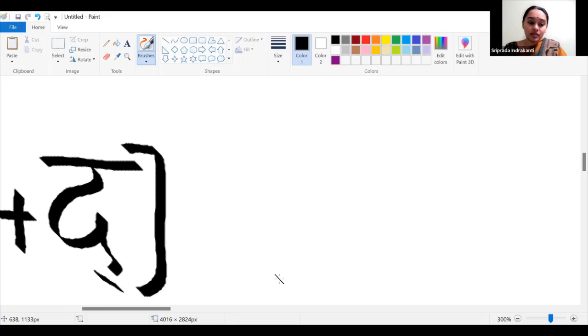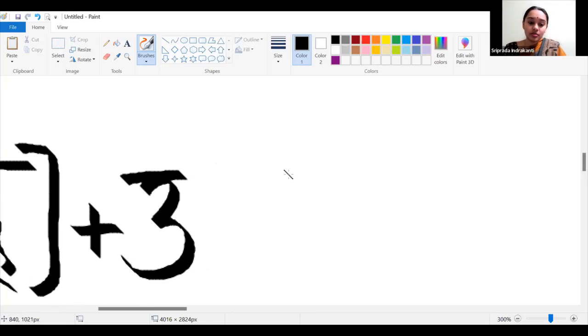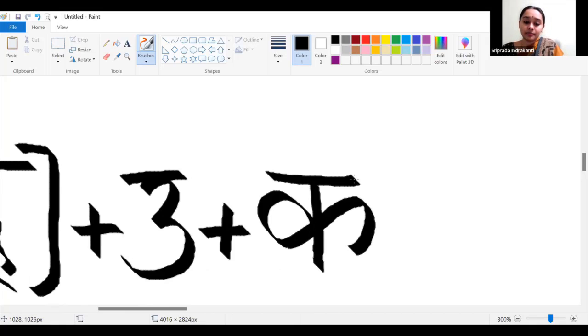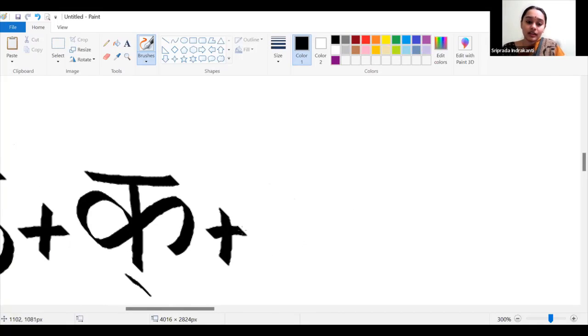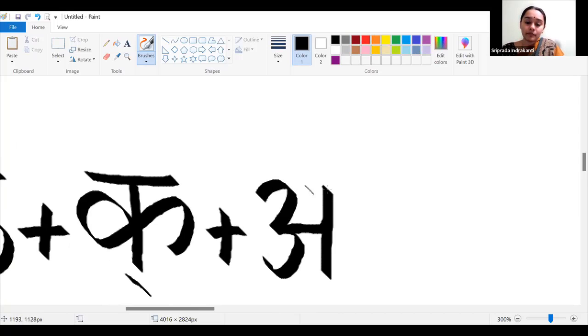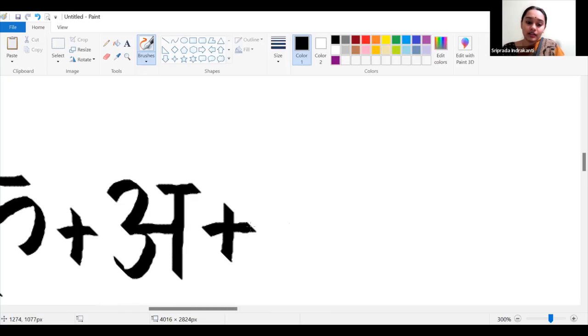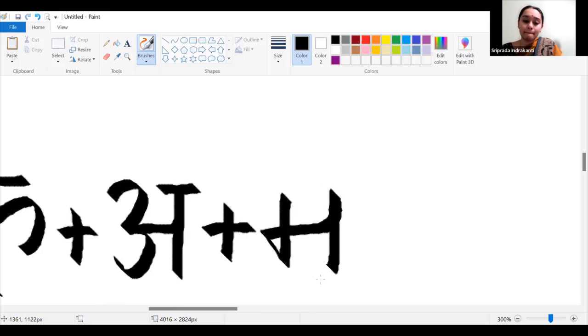The, and then we add the ukara, du, and then we write k, and then a, and then the, or you can also write the simple makara as it's shown in the word.